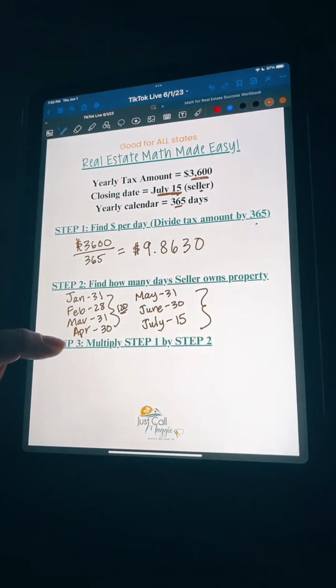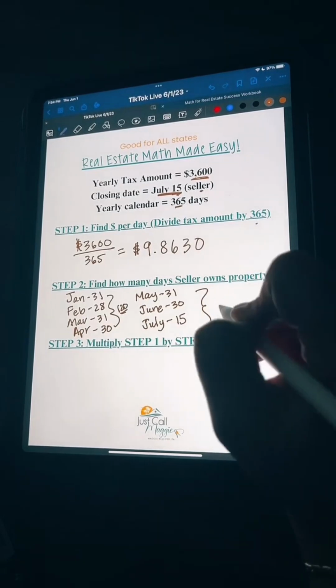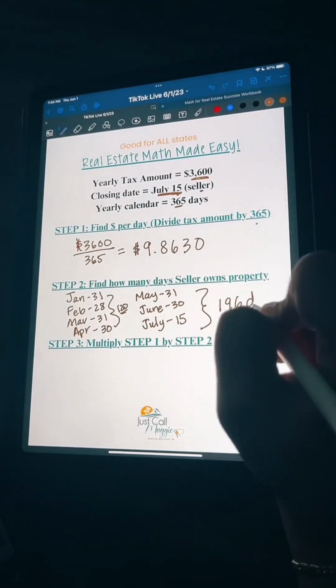I know that from January to April, we have 120 days. So 120 plus 31 plus 30 plus 15 gives us a total of 196 days.